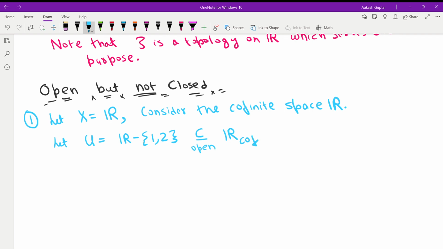What I mean by R suffix cof is R along with the cofinite topology. Why? Because its complement is finite. Now, is U closed? Let us see what its complement is. So X minus U is, what is our X? X is R.